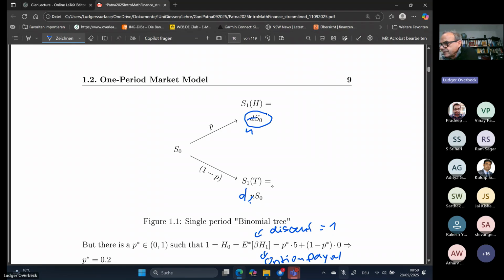That's a down value. And so your bond is interest rate.